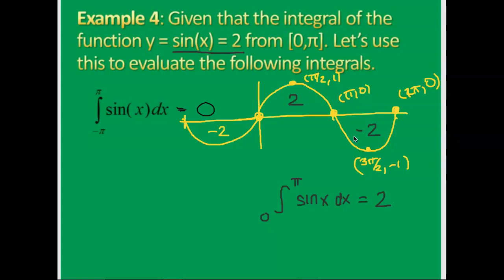So the integral from negative pi to 0 of sine of x dx is also -2. So once again, -2 plus +2 would be 0.